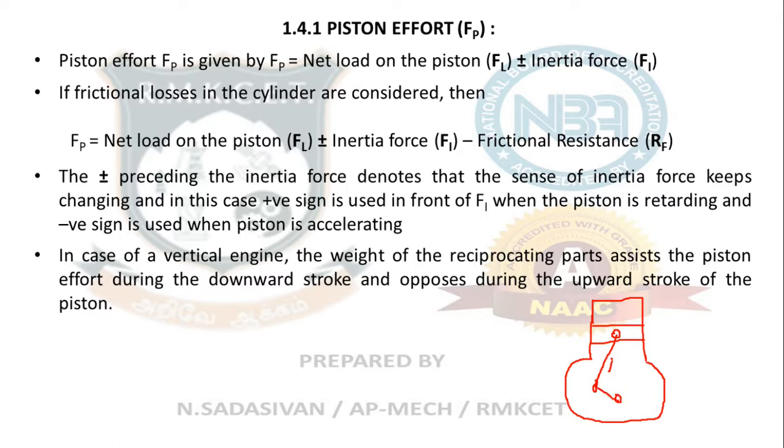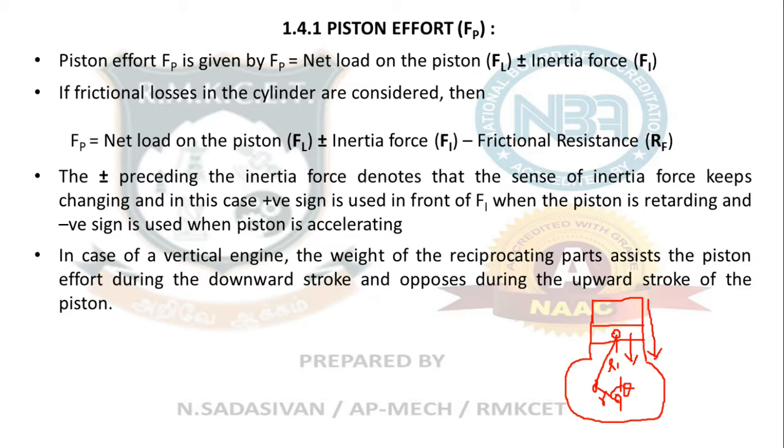This is my connecting rod. This is my crank. This is the axis of reciprocation. For a vertical engine, this is your theta. It's very simple, you can understand this very easily. When your piston is moving down, from theta 0 to 180, gravity will help the downward movement of your piston, correct?